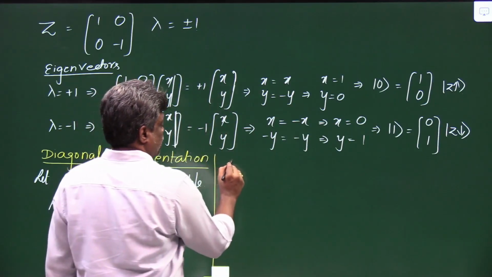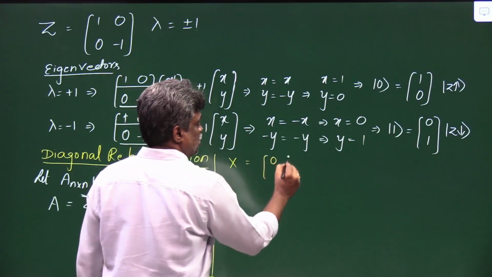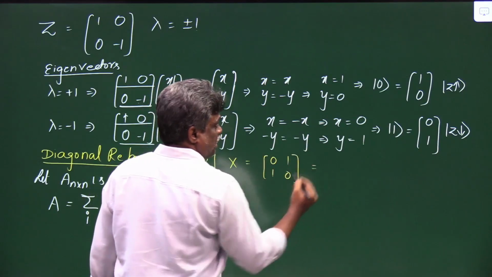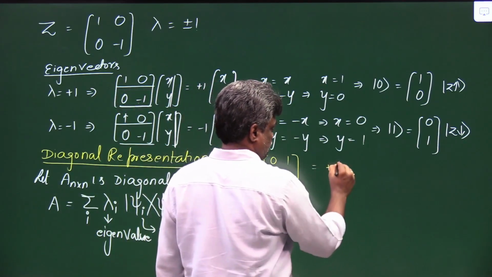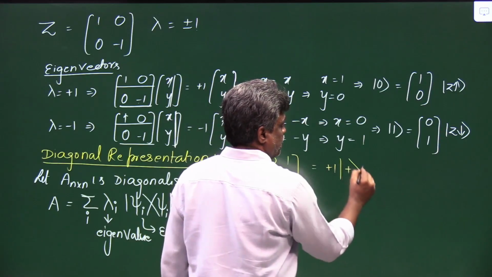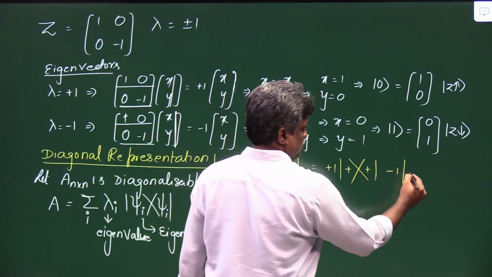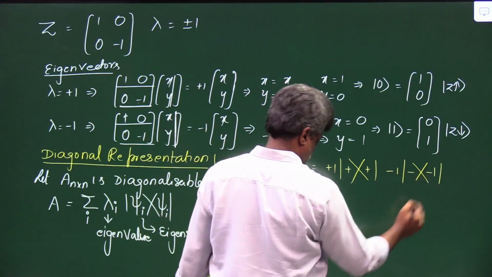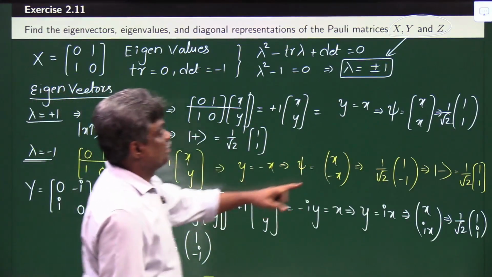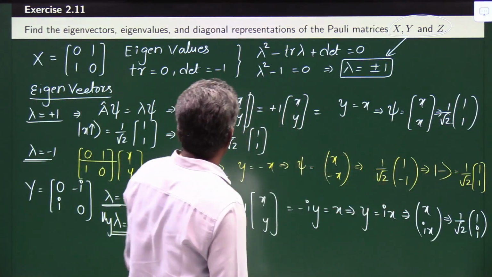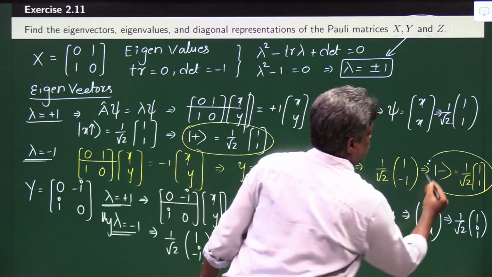okay, so now if I take X, this is the Pauli X matrix, which is 0, 1, 1, 0. And we get two eigenvalues, plus 1 and minus 1. So for plus 1, we get the eigenstate in the diagonal basis, and for minus 1, we get minus. This is 1 over root 2, (1, 1), which we have taken as plus here. And this is minus.